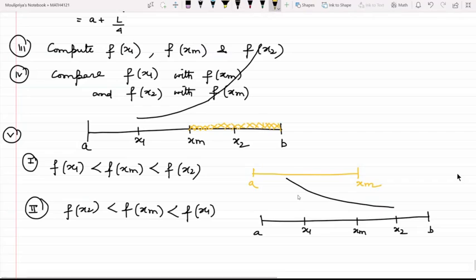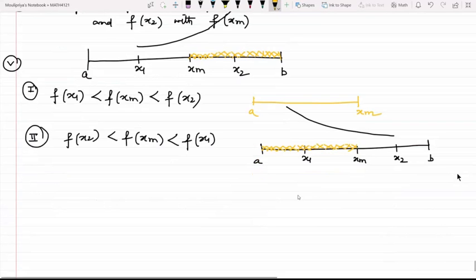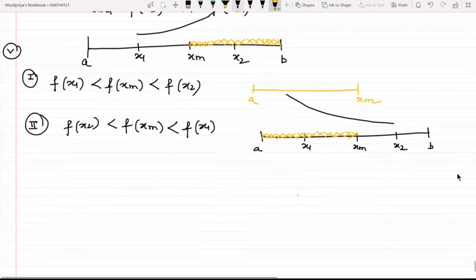So if this be the case, we can say on the contrary that your minimum will definitely not lie in the region A to xm. Am I right? If it is decreasing, then your minimum can never lie in the region A to xm. So even in this case, your interval is halved exactly. Your new interval of uncertainty would be xm to B.